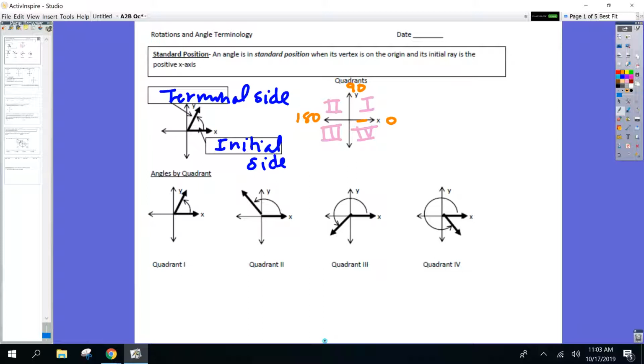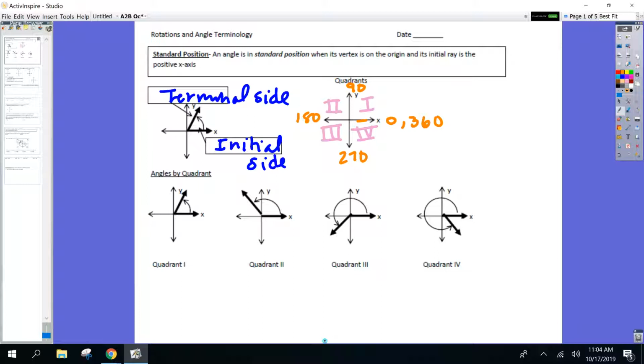All right, let's keep adding. What do you think it is at the bottom of the y-axis? 180 plus 90, 270, yes? And then we're back at 360.